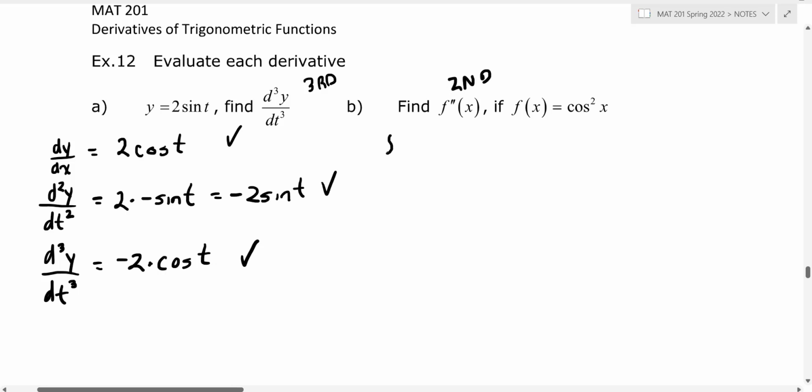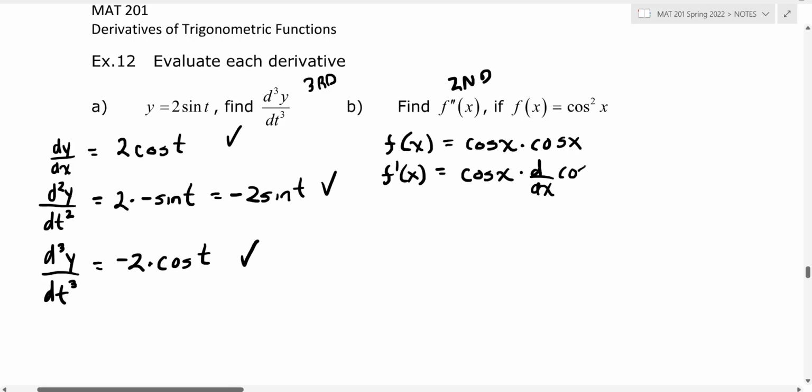We have to use the product rule on this. So we have cosine x times cosine x. When we do the first derivative, we'll work with the product rule. We write down the first, multiply by the derivative of the second, and we do that backwards: the second is cosine x, and then we multiply by the derivative of the first.